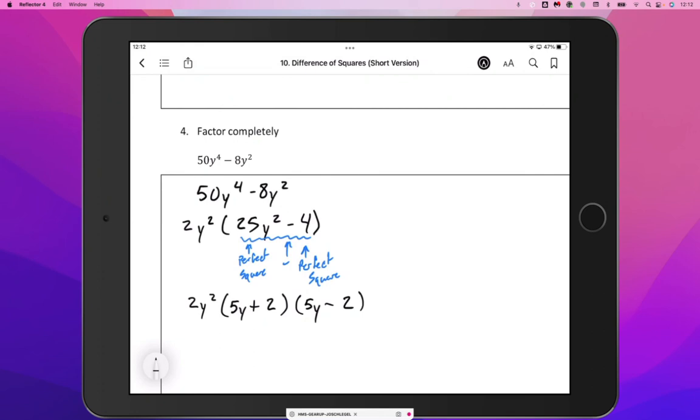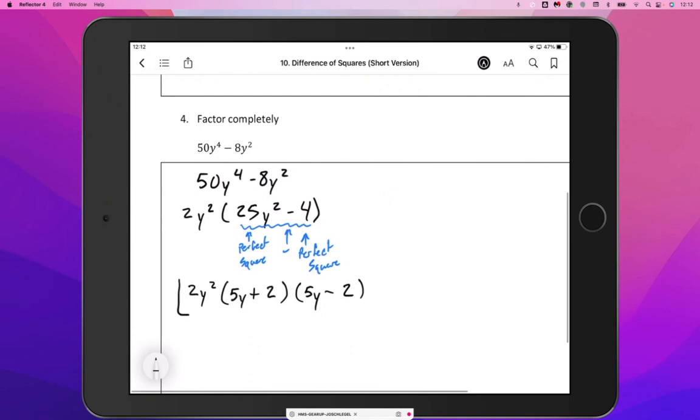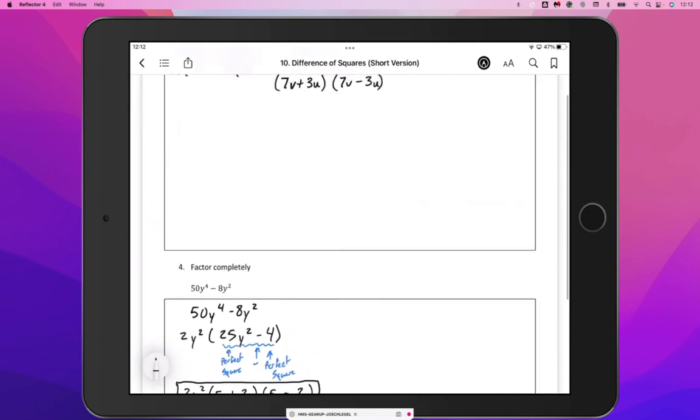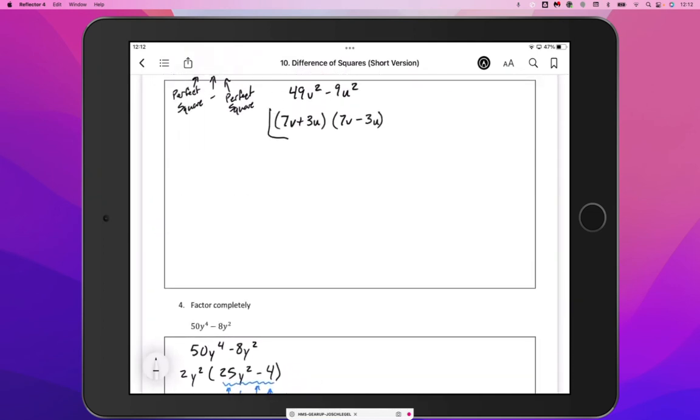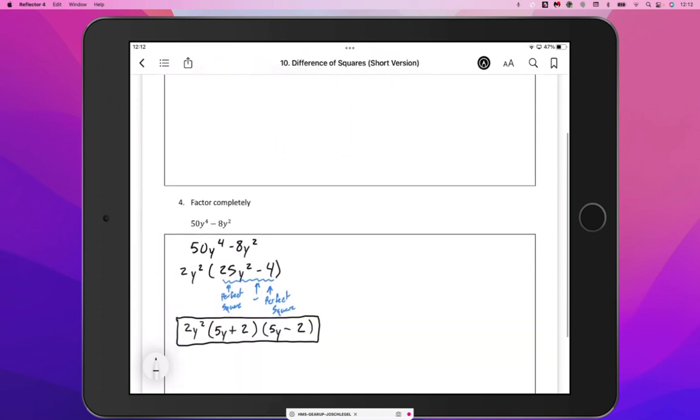We can just jump straight to that last piece there. And we know that that is our solution. Okay, I need to box in my answer up here. I'll leave that there for a moment and onto the last.